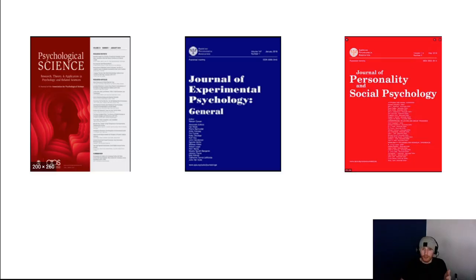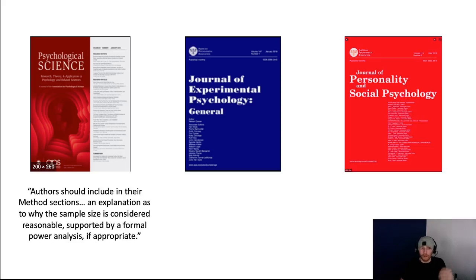As future researchers, and more importantly as consumers of research, these issues that we talk about today are super important for understanding research. What's good research, what's bad research, how do you do both? If you look at the main journals in psychology at the moment, so these are 3 of the highest impact journals, Psych Science, Journal of Experimental Psychology General, or JEP General, and the Journal of Personality and Social Psychology.